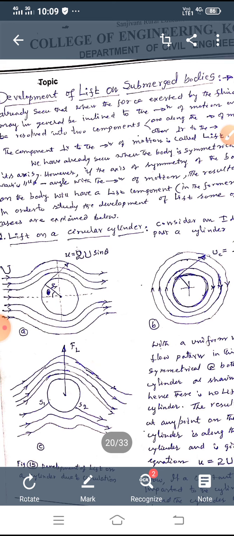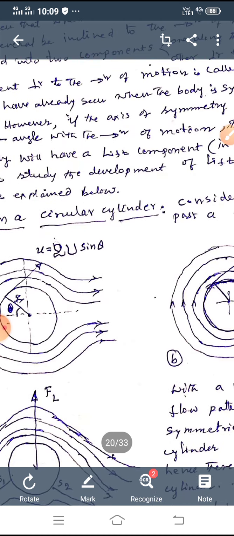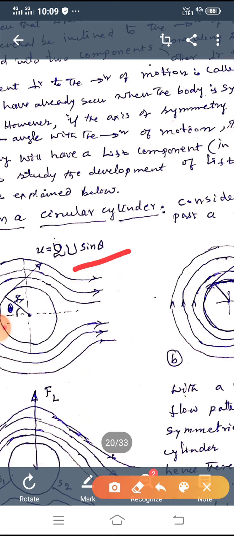In the case of an ideal fluid, when a uniform velocity of fluid is acting upon the cylinder, the velocity at any point will be tangential, and it is given as u = 2u sin theta. Here you can see at any point it is tangential.